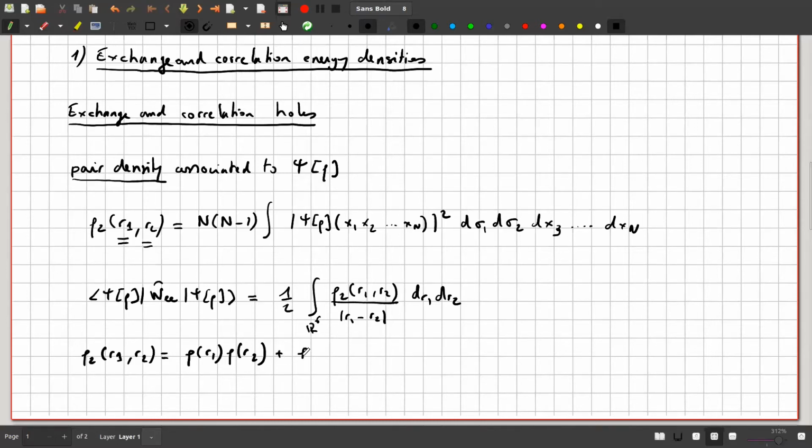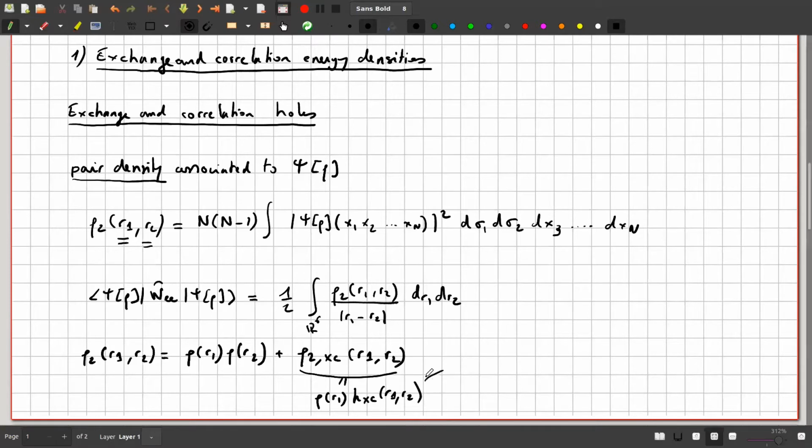And then all the rest is called rho 2 XC. That is the exchange and correlation contribution to the pair density. And this exchange and correlation contribution to the pair density can itself be written as the product of the density at R1 times a quantity that is called HXC of R1 and R2.